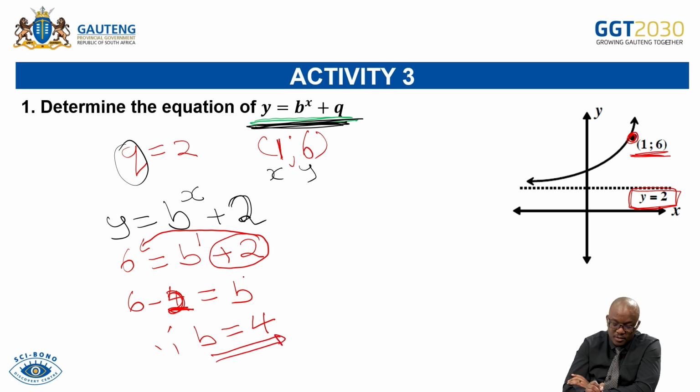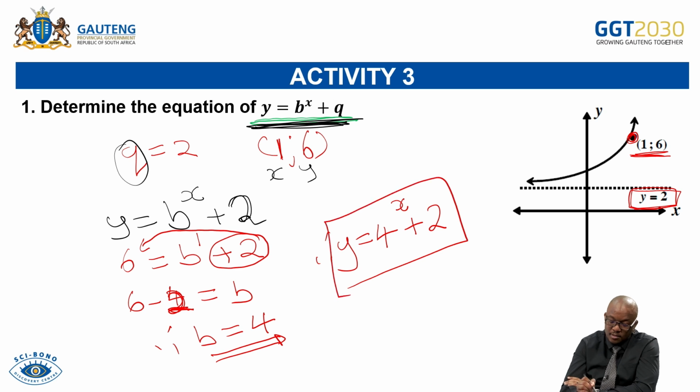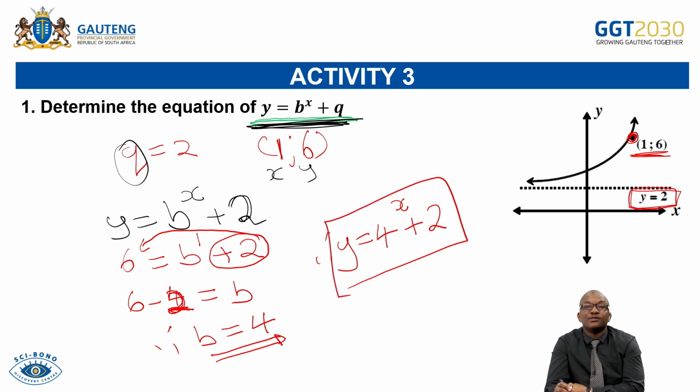Because b to the exponent of 1 is still b. Therefore, your equation is y is equal to 4 to the exponent of x plus 2. That's how you get your equation.